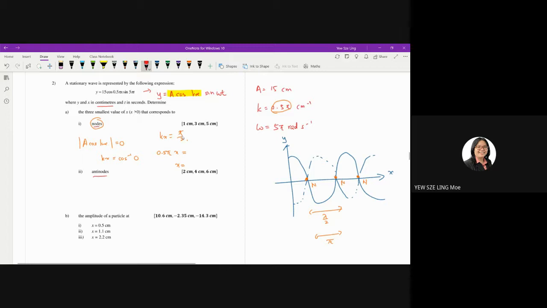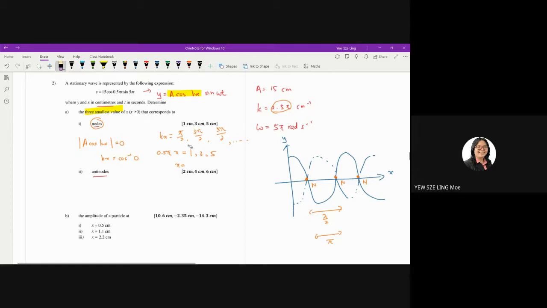So you know the next one, you need to add it by pi. Therefore, the following value would be 3 pi over 2, and then you have 5 pi over 2. And if you want more, then of course you have more. But now the question is asking for 3 smallest values. So rearrange the equation, 0.5, you move it over to here, you are going to obtain 1, 3, and 5.